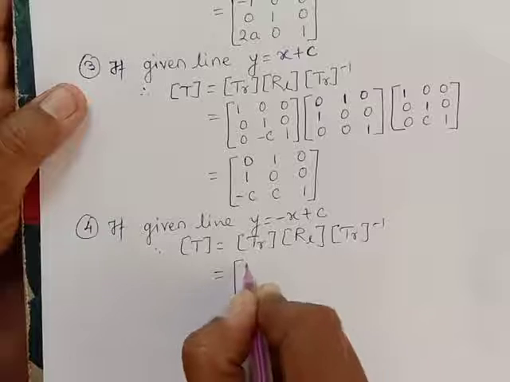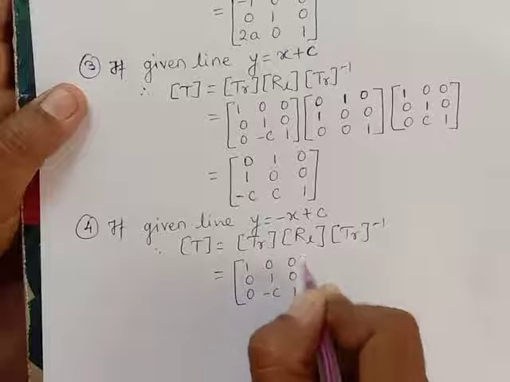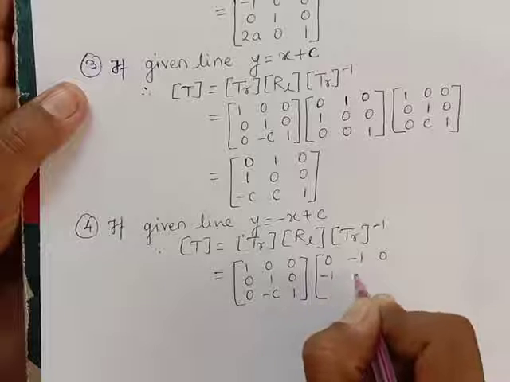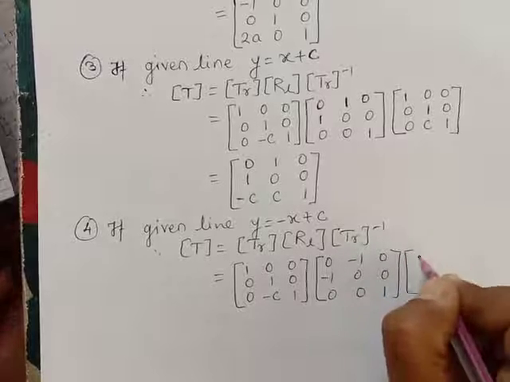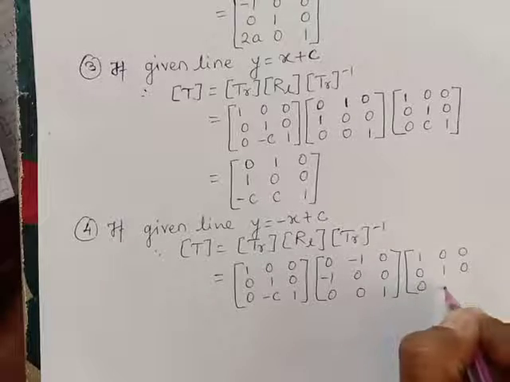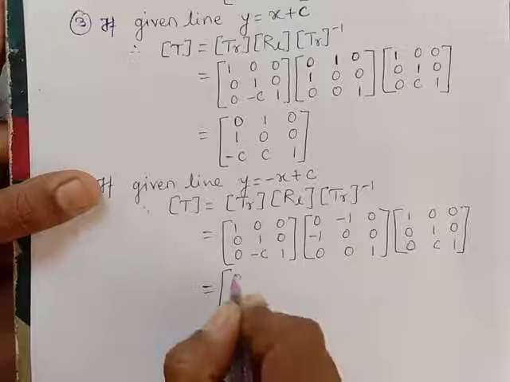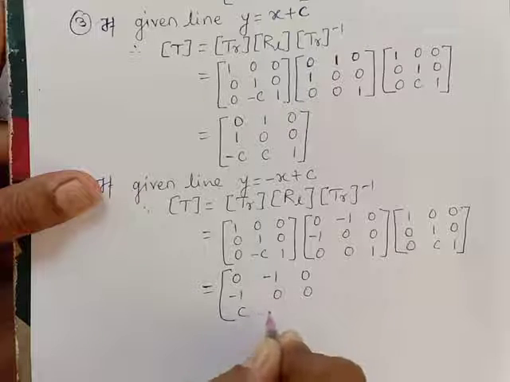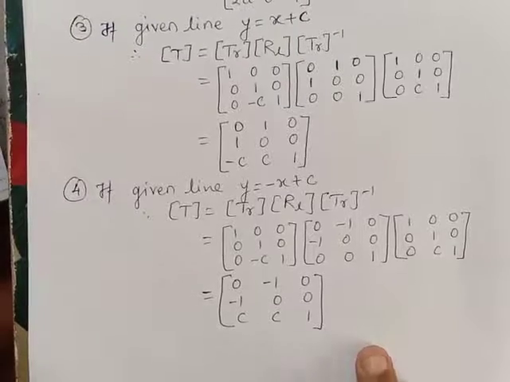So it is 1 0 0, 0 1 0, 0 minus c 1, into 0 minus 1 0, minus 1 0 0, 0 0 1, into 1 0 0, 0 1 0, 0 c 1. Then the resulting matrix will be 0 minus 1 0, minus 1 0 0, c c 1. Now let's see examples on them.